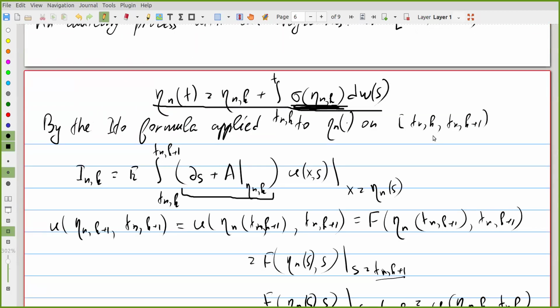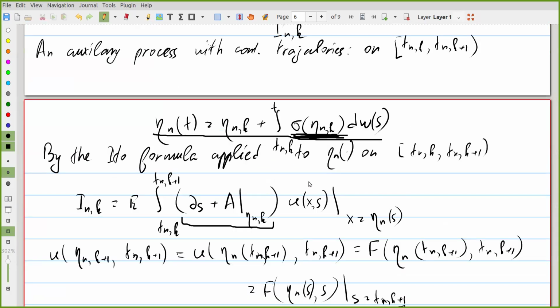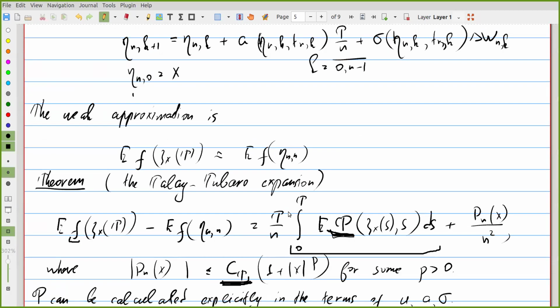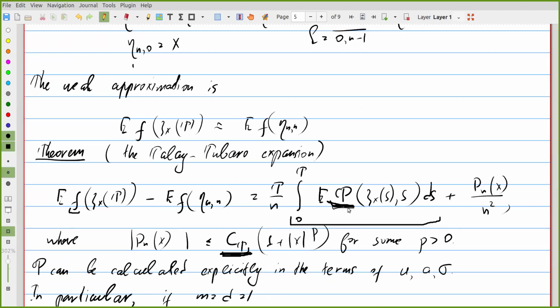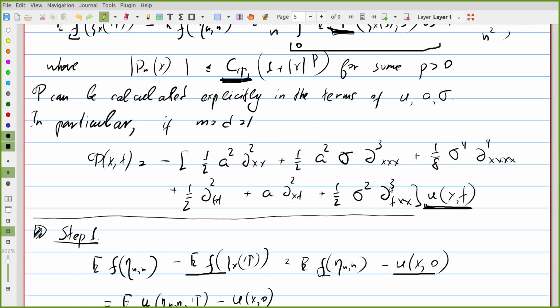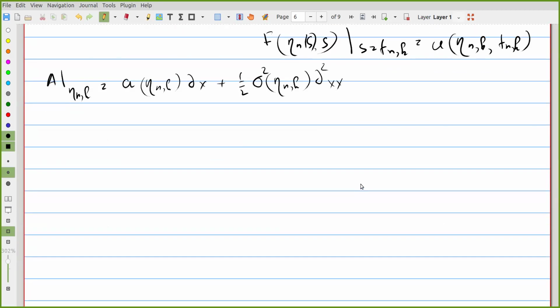And the idea is to use the Itô formula two more times to produce this phi and something that is left here. Now, again, for simplicity, I will assume that we do not have any drift. So I will just write it in this way.